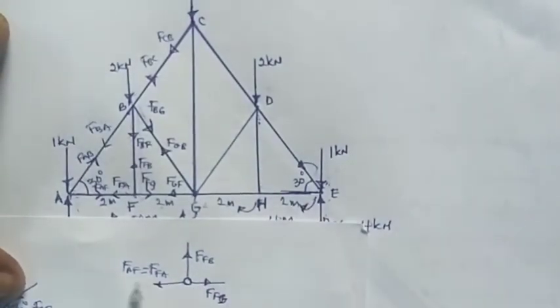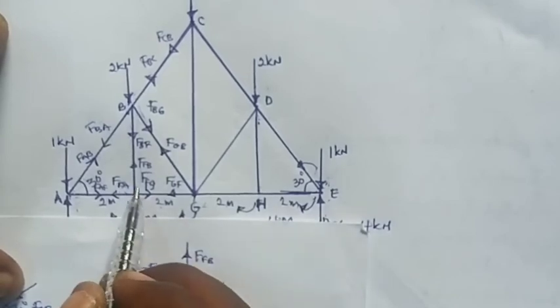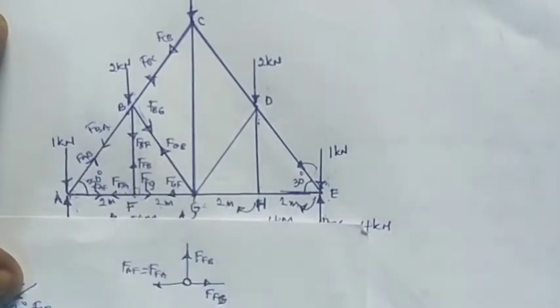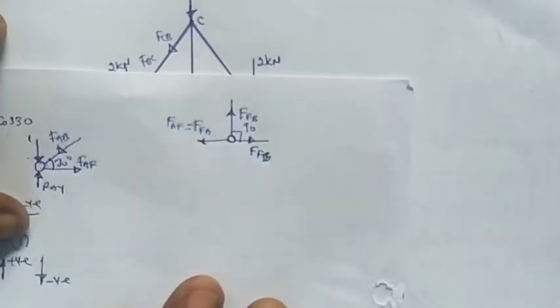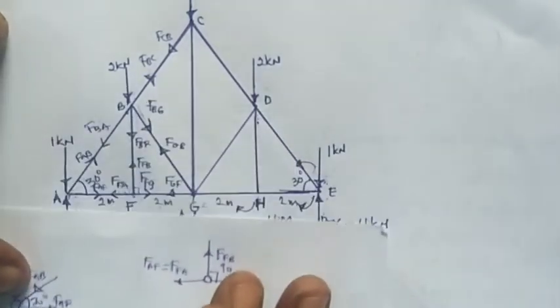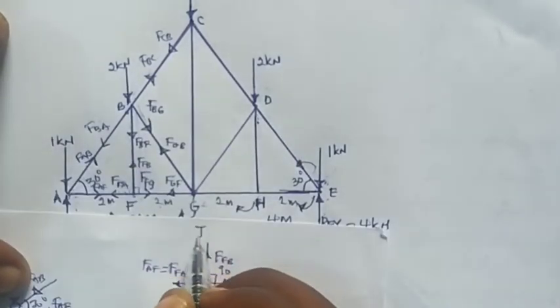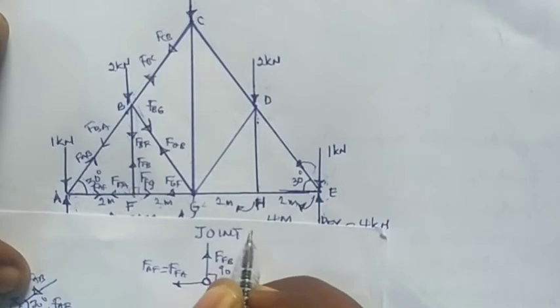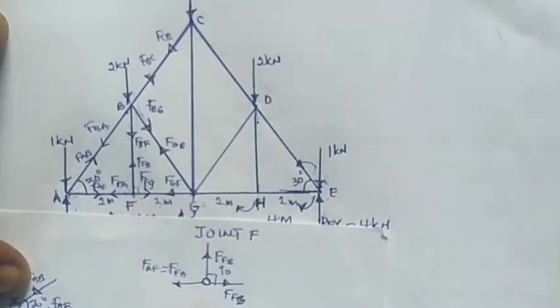We also know the angle between here and here is 90 degrees, because it is perpendicular. So let's start by doing that. We are considering joint F, this joint here.